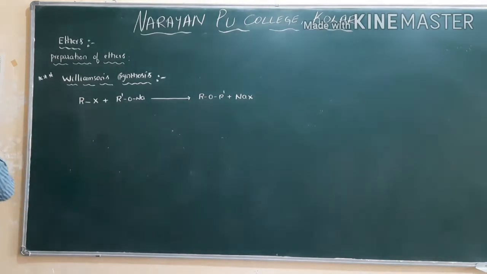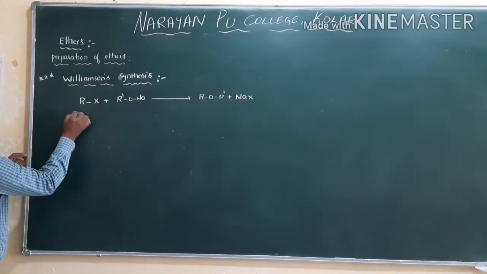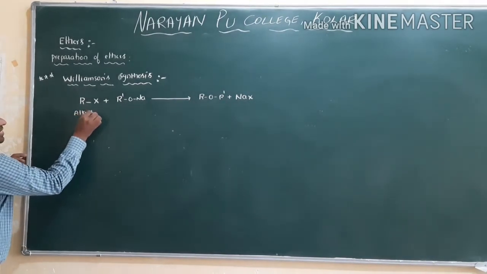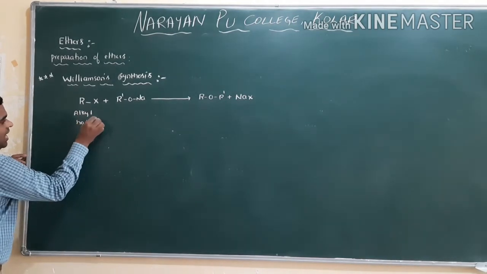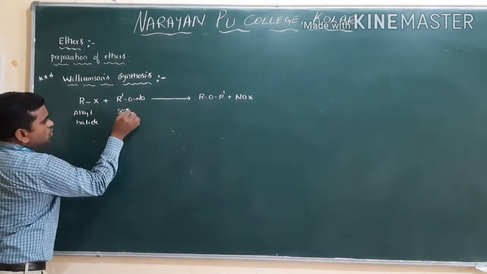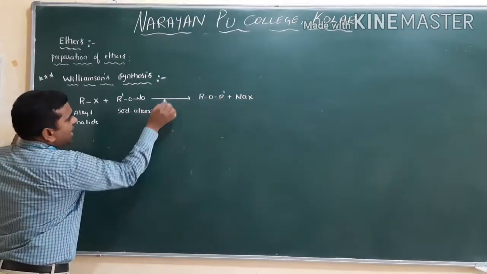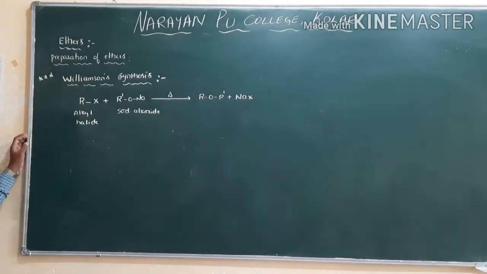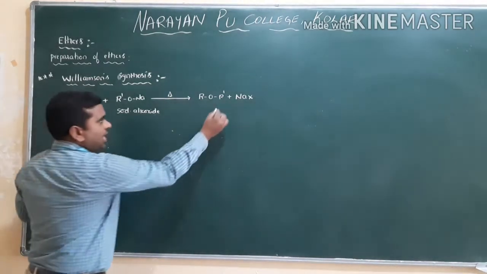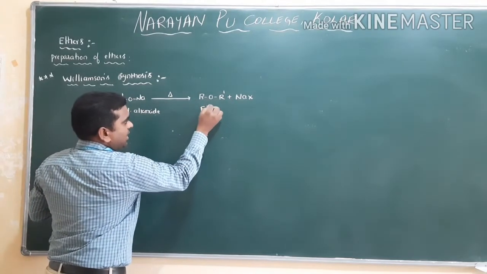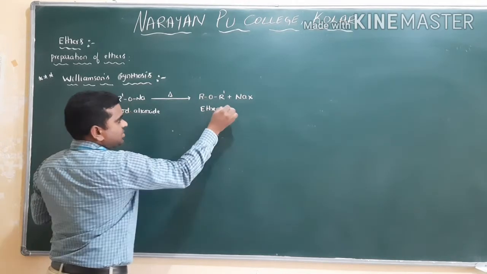This is alkyl halide, and this is sodium alkoxide. Ethanol as solvent you can use here, and heat it. Then the compound you will get is ethers.